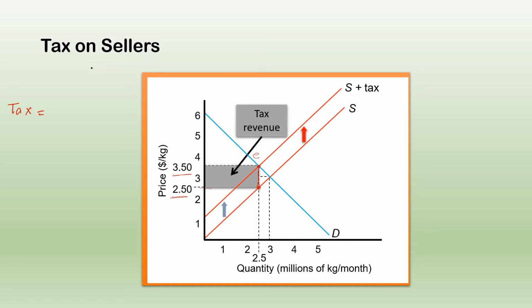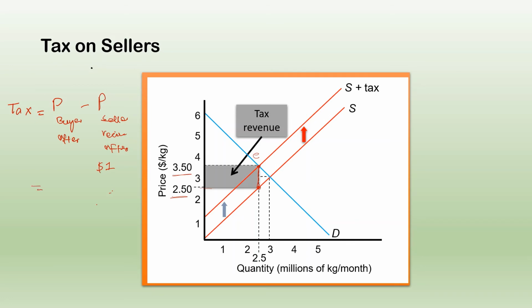So in that case, you will take the difference between the price after tax which the buyer is paying, minus the price which the seller is receiving after paying $1 tax.